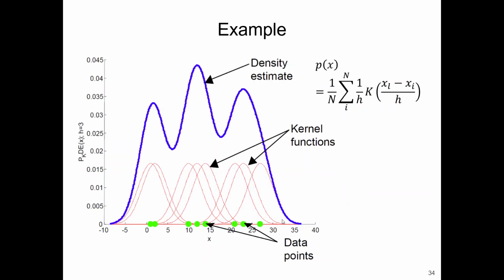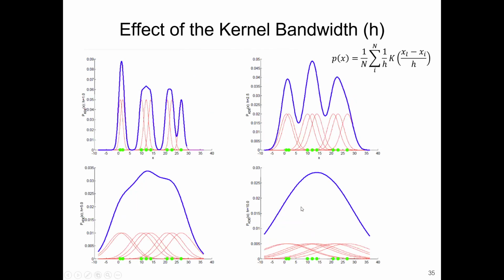Okay. So we're going to understand how this density estimation works. Essentially, this sliding is going to happen and so on. If I have h as a very small value, are we going to come up with a narrow Gaussian or a wide Gaussian? Narrow Gaussian.